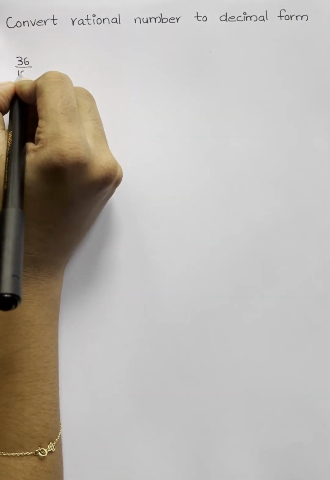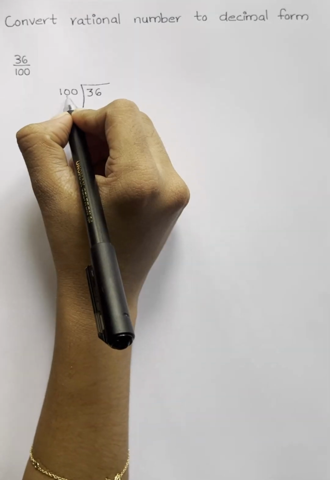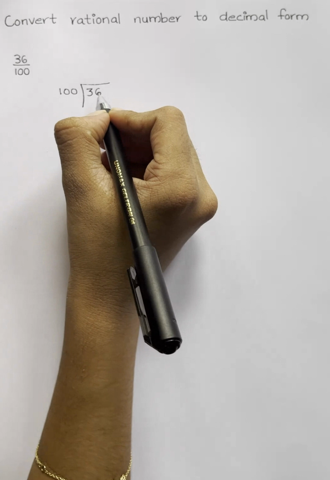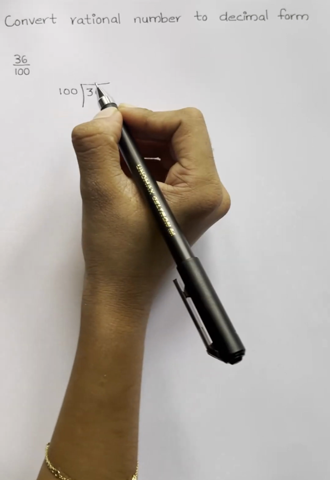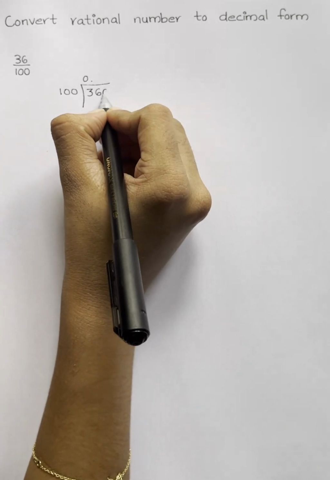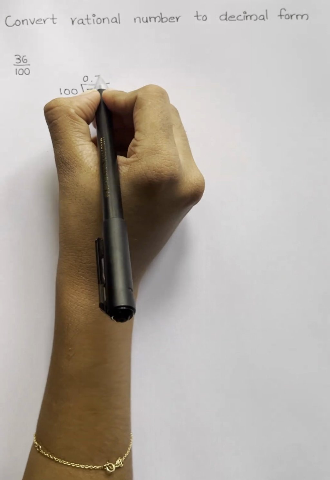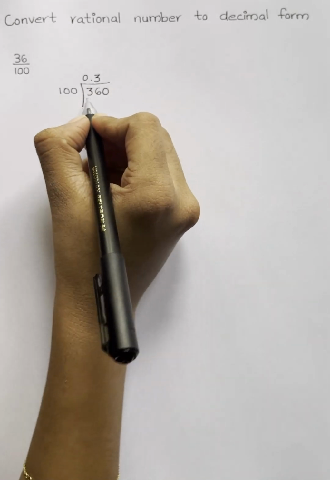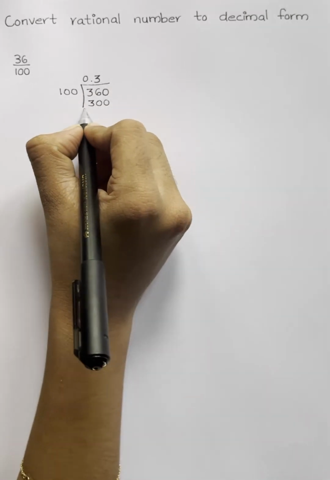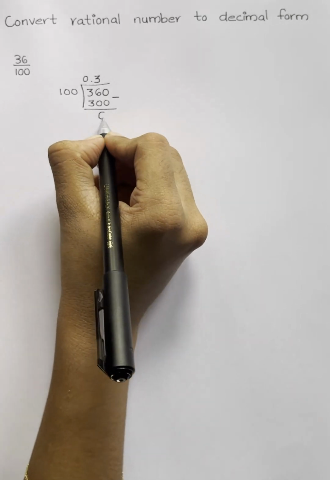36 by 100. Here dividend is 36 and divisor is 100. 36 can't be divided by 100. So put a decimal point and add 0 in the dividend. Now 360 divided by 100 is 3. 3 into 100 is 300. Now we subtract: 360 minus 300 is 60.